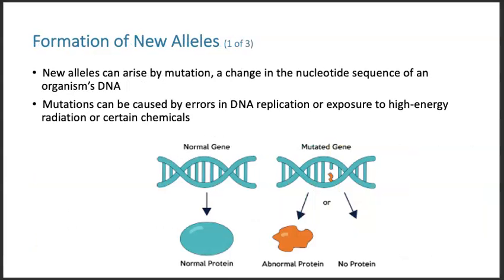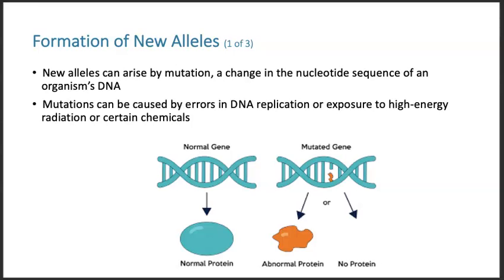We're going to spend a little bit more time on mutation because it is an important concept. New alleles can arise by mutation. It doesn't always happen. Every mutation that happens in the DNA doesn't always give you a new allele. Remember that alleles are expressed in the protein, and not all DNA gets expressed into a protein.